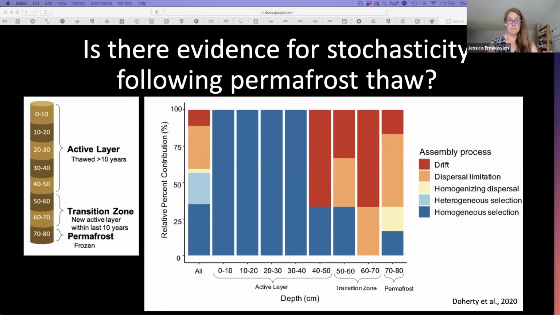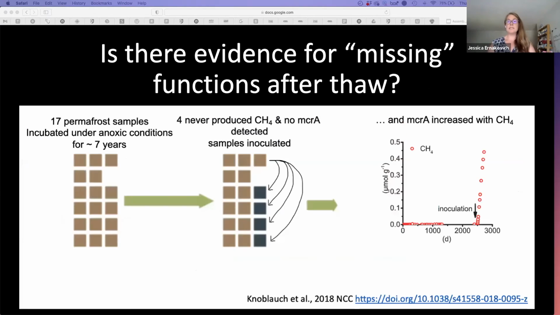Okay, let's see. Another piece of evidence, although I'm running short on time, so I'm going to haul through these, is that there is more evidence for missing functions after thaw. This is a study done by Christian Knobloch, 7 years of a permafrost incubation, where some of their cores never produced methane until they inoculated them.